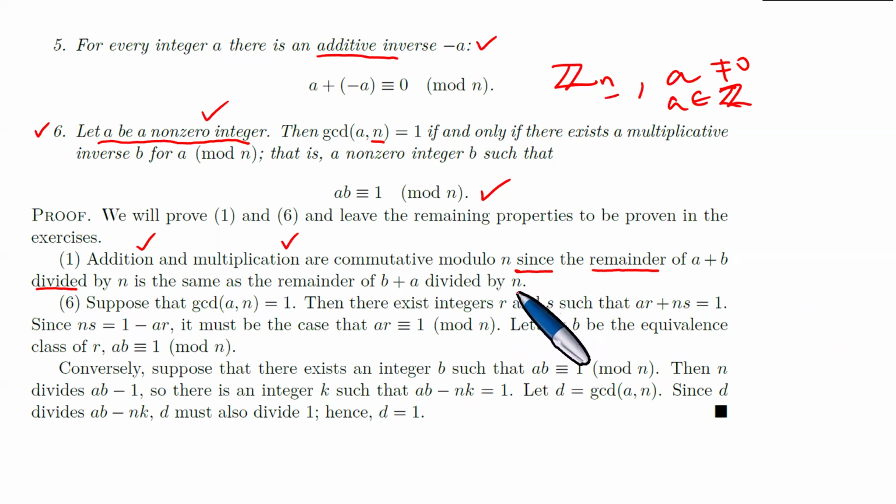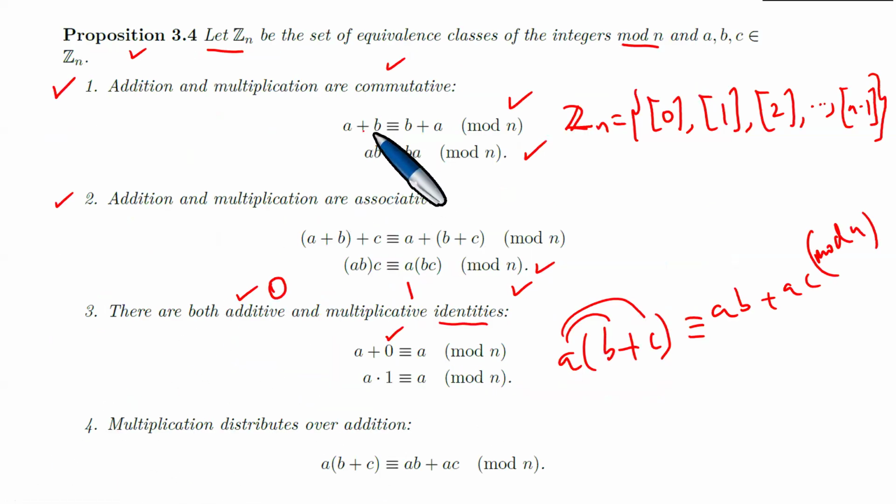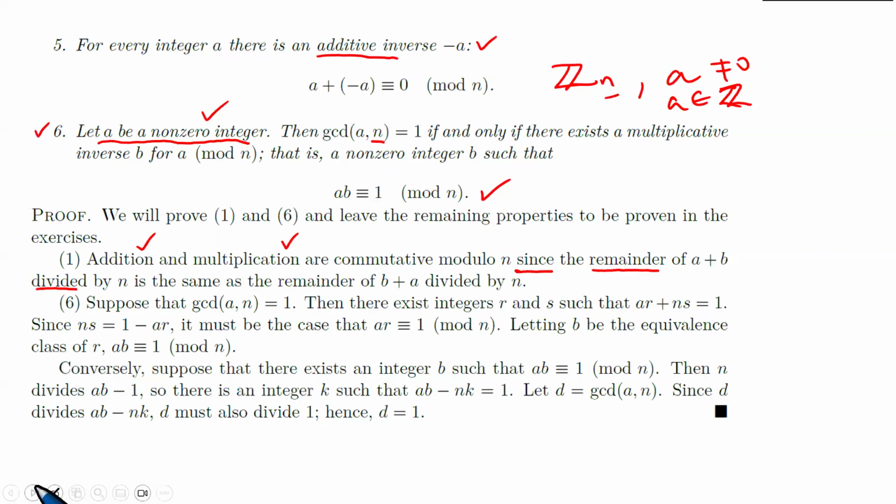Okay, did the author prove 1? The author did not prove 1 in full, because 1 is about addition and multiplication. You can see a plus b must be b plus a modulo n, and ab must be ba modulo n, but the author of the book did not show ab. I've taken this from the book, and indeed there is no ab.